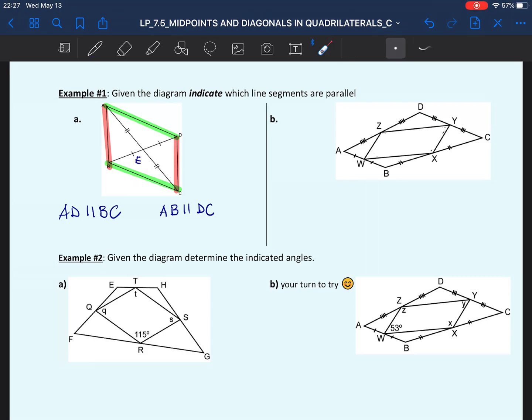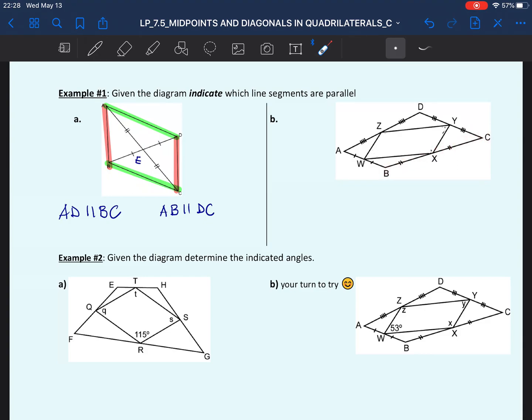In the next example, we see a quadrilateral ABCD. In this quadrilateral, we see that the point Z is dividing AD into two equal parts. So Z is the midpoint of AD. Y is the midpoint of DC.